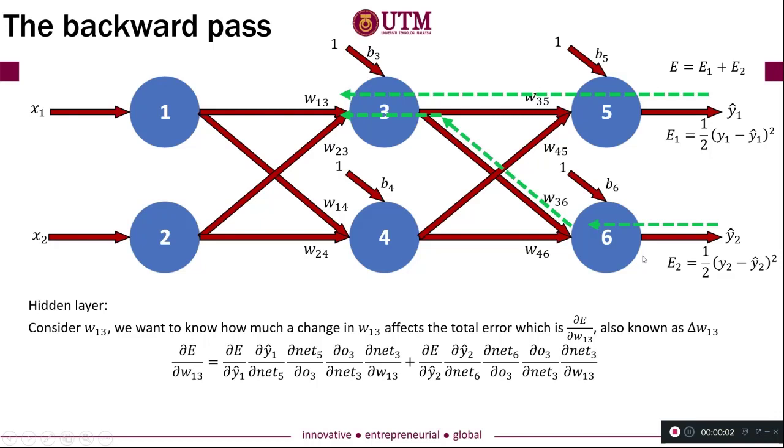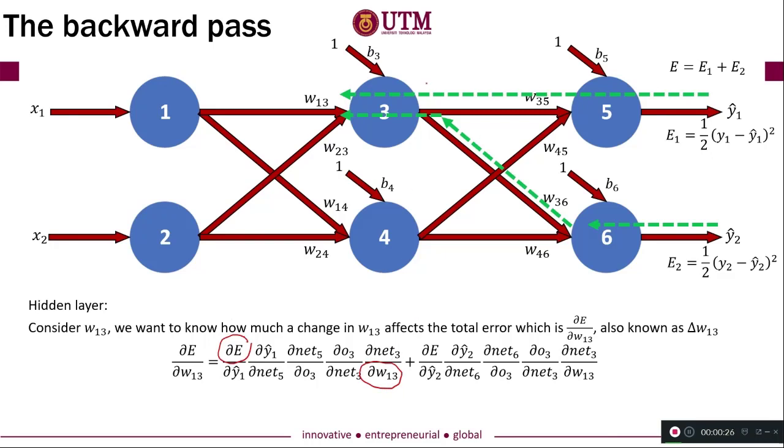Here is a tip if you are not sure which one needs to be which. To express this one, you must make sure that you start at E and you must stop at W13. And why do we have a plus there?